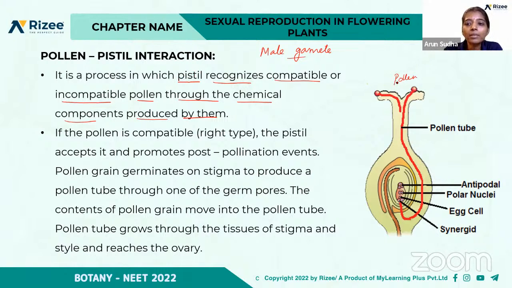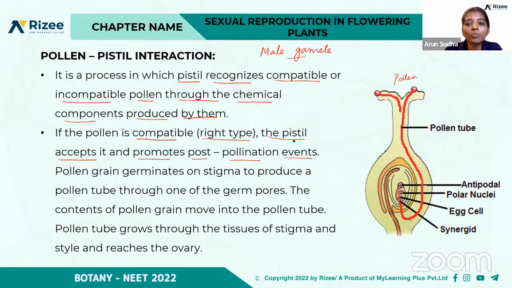When the pollen sticks to the stigma, the stigma secretes some substances, so the pollen swells up, right? If the pollen is compatible, if the right type of pollen lands on the stigma, the pistil accepts it and it promotes the post-pollination events.